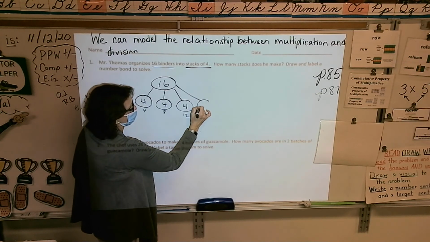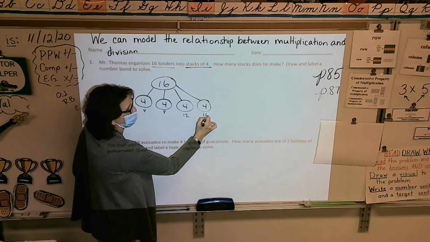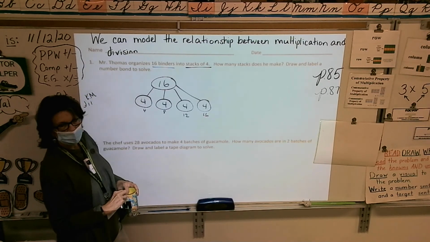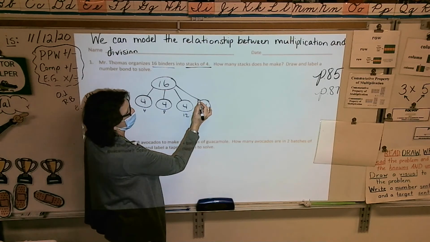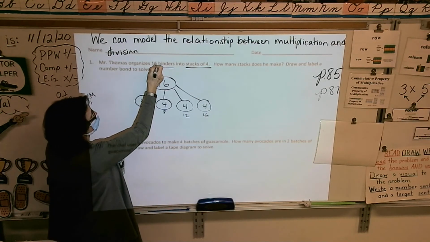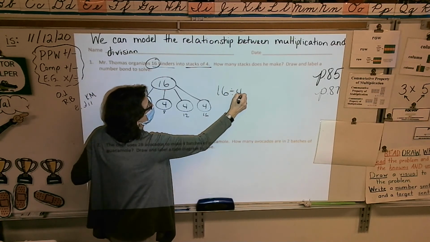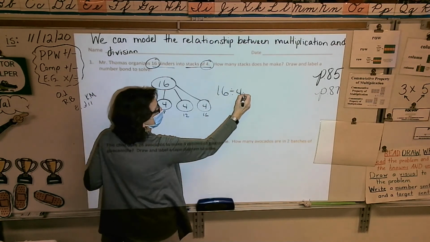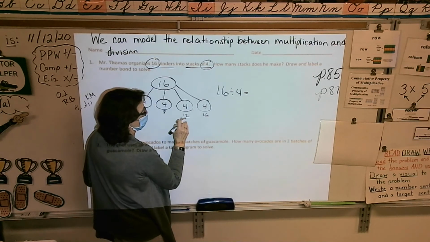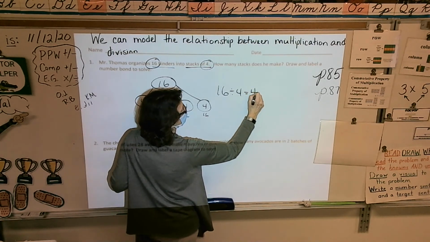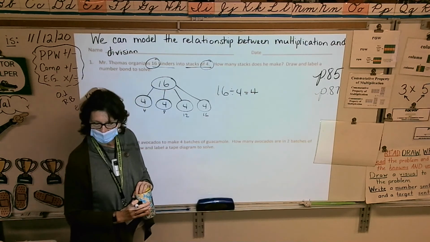And our last stack with 4 in it. And that is 16. What number sentence would you write for this? Well, we're going to take our total of 16 and divide it by 4, which is the number of groups. And we ended up with, 4 was the size group, we ended up with 4 groups.